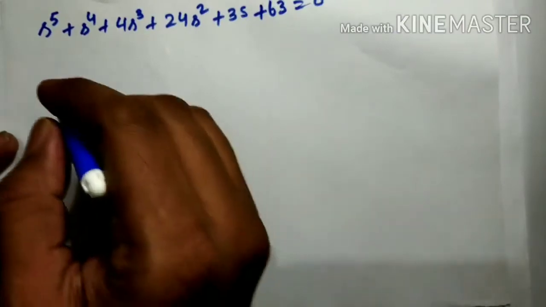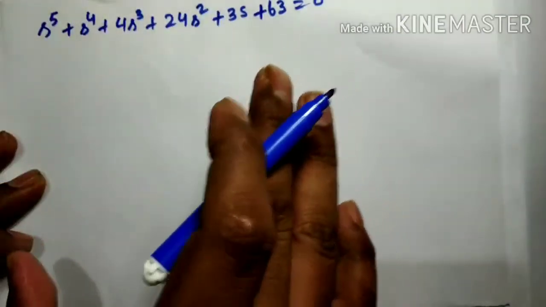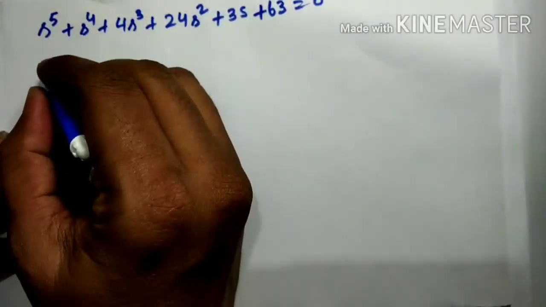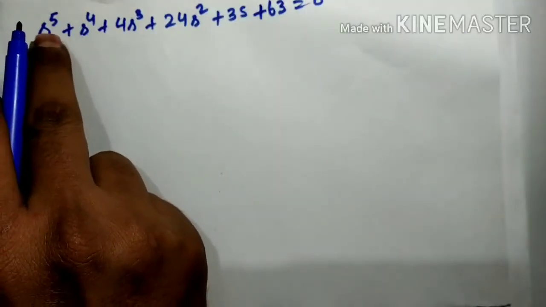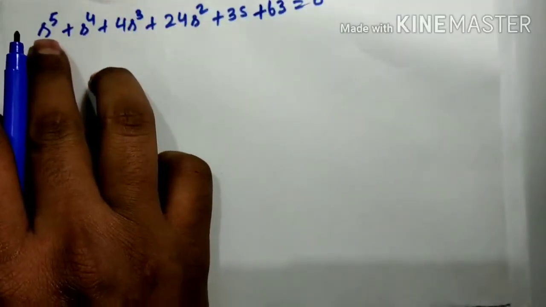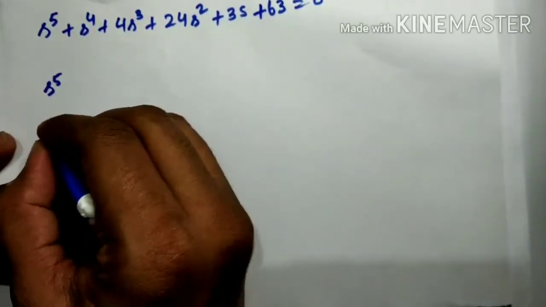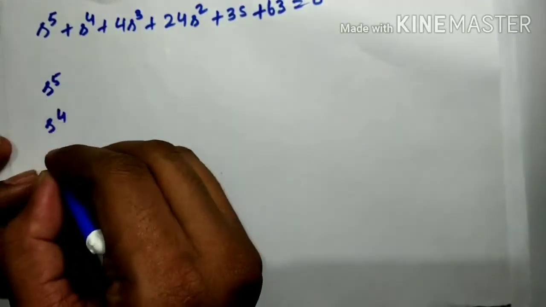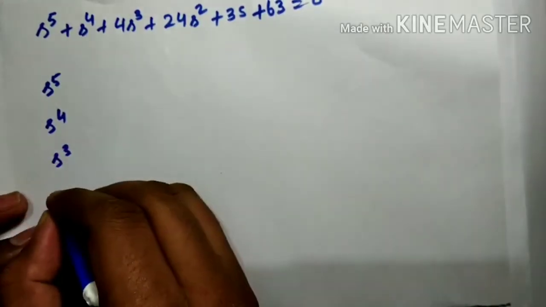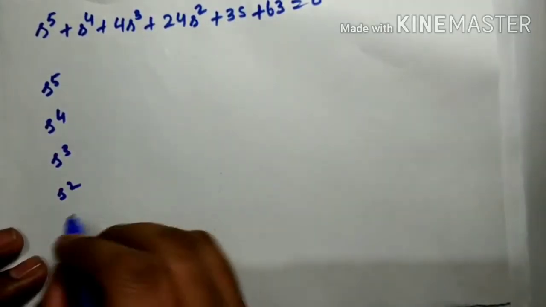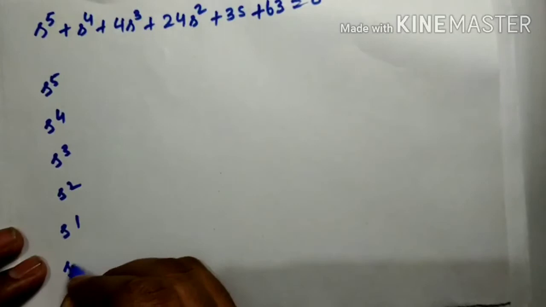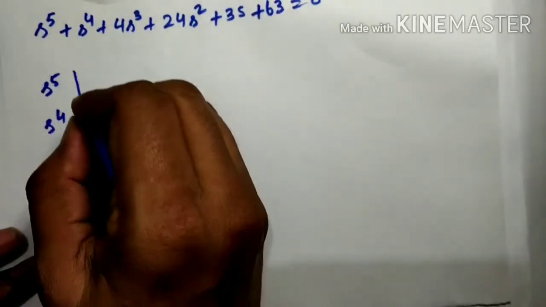Okay. So you just form the Routh array, which starts with s power 5. So first write s power 5, s power 4, s power 3, s power 2, s power 1, s power 0. Okay.